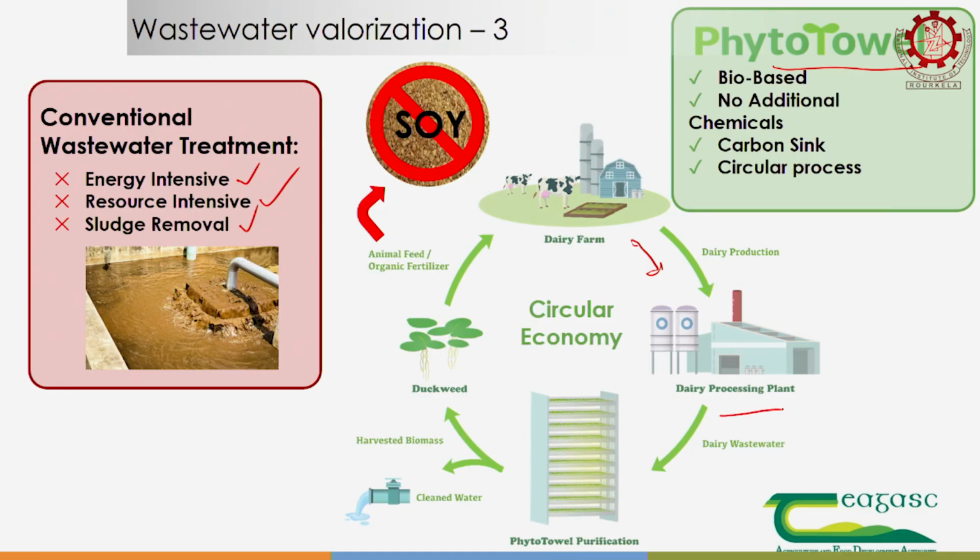And then you have the dairy processing plant, this wastewater, this is the proposed phytotowel, that means to grow duckweed. You get clean water, you get a biomass which will be covering in duckweed production. You'll see how it is cultivated. You dry it, and this is the best source of protein which can be used for the same animal which is producing that wastewater, yeah. Does it make sense? Or any questions you have?